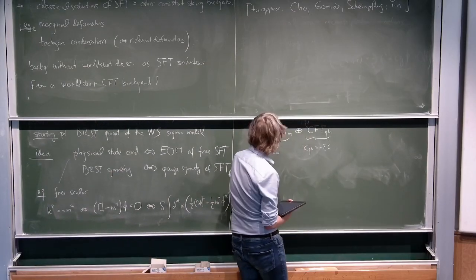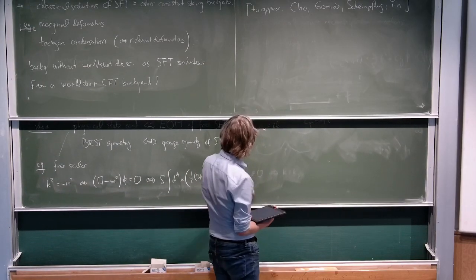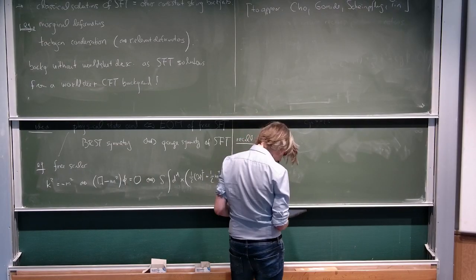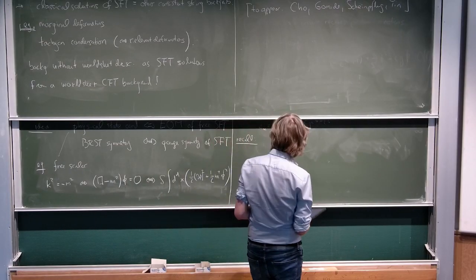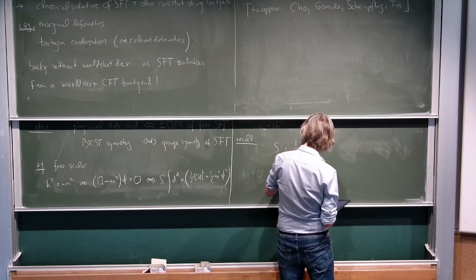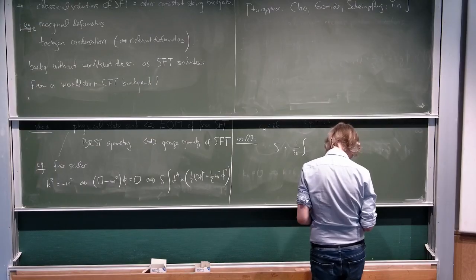So then, as I've just promised, let me recall a few basic facts about the bc ghost system. So that is a CFT which is actually given by an action. Not all CFTs actually can do that.